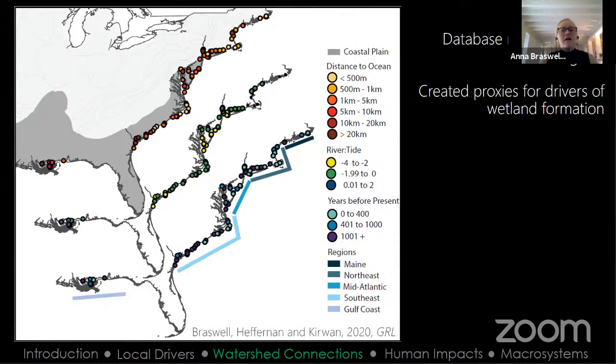We also looked at river to tide ratio, which was a way to gauge how big a river is in comparison to its estuary. You would expect that places with bigger rivers and bigger watersheds have a bigger sediment supply, and therefore that might play a role in when a wetland was formed. So we were looking at different proxies to try to disentangle what is driving these patterns we see.